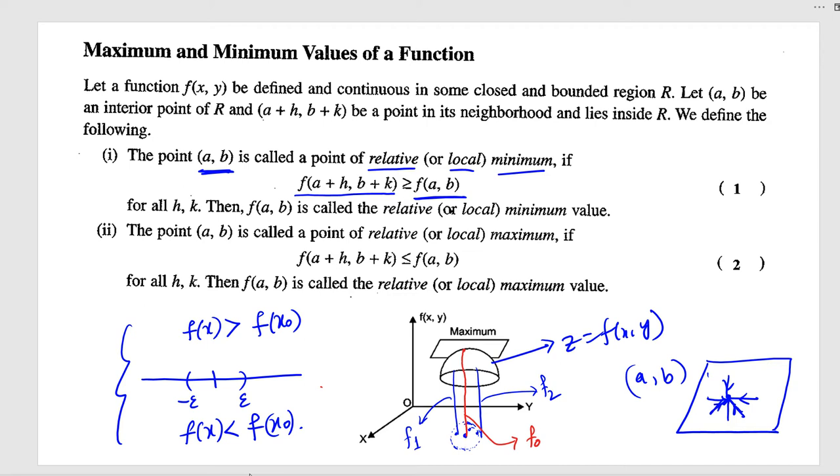That is why we consider the whole neighborhood of this point, and in this neighborhood it will satisfy this relation. Similarly for a local maximum, it will satisfy this relation. That's the idea of local maxima and local minima for a several variable function.